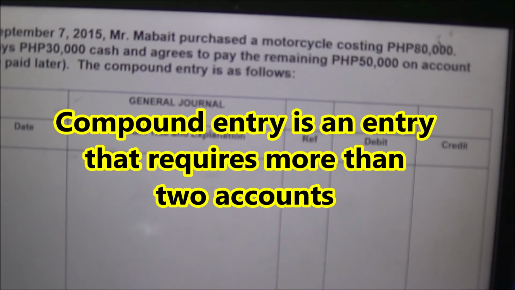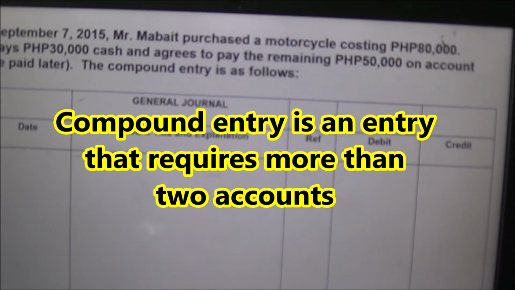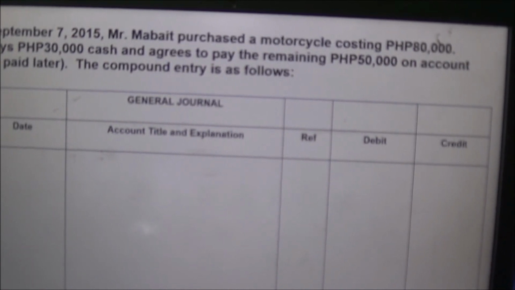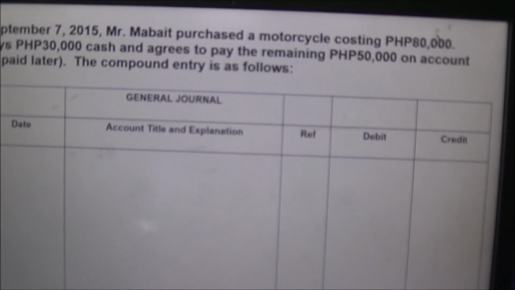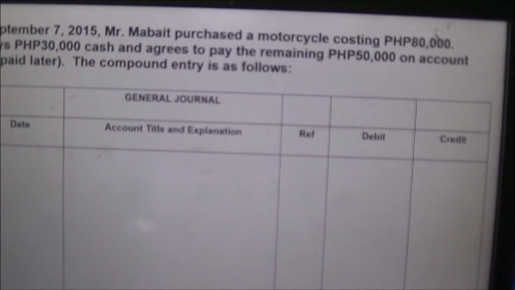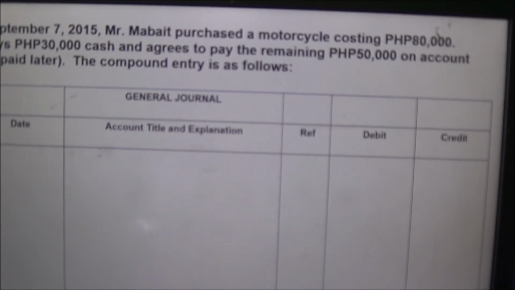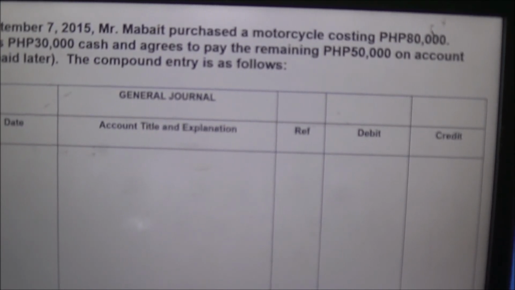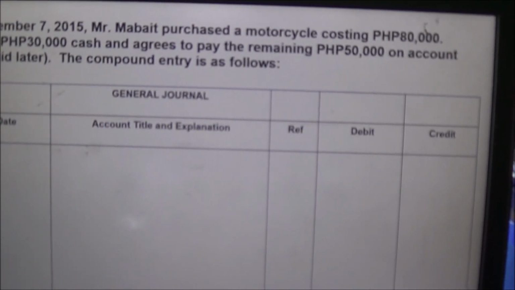An entry that requires 3 or more accounts is a compound entry, and we have here an example of a compound entry transaction. So on September 7, 2015, Mr. Mabait purchased a motorcycle costing 80,000 pesos. He pays 30,000 pesos cash and agrees to pay the remaining 50,000 pesos on account, which is to be paid later. The compound entry is as follows.